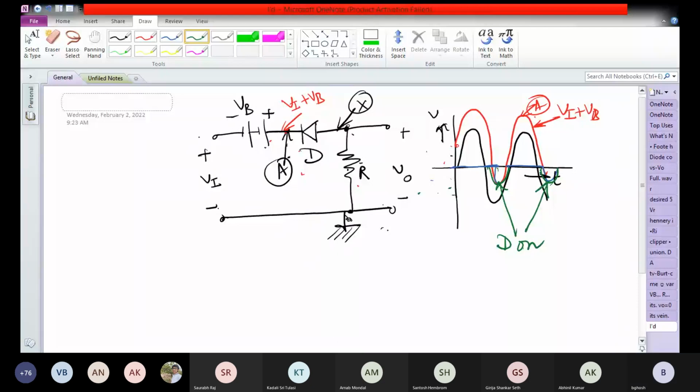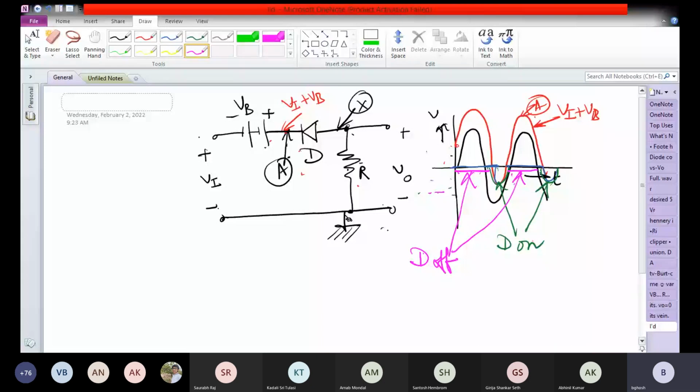And during these parts of the circuit, or here, the diode D is off, because the voltage has just become 0 and the diode has just become reverse biased.